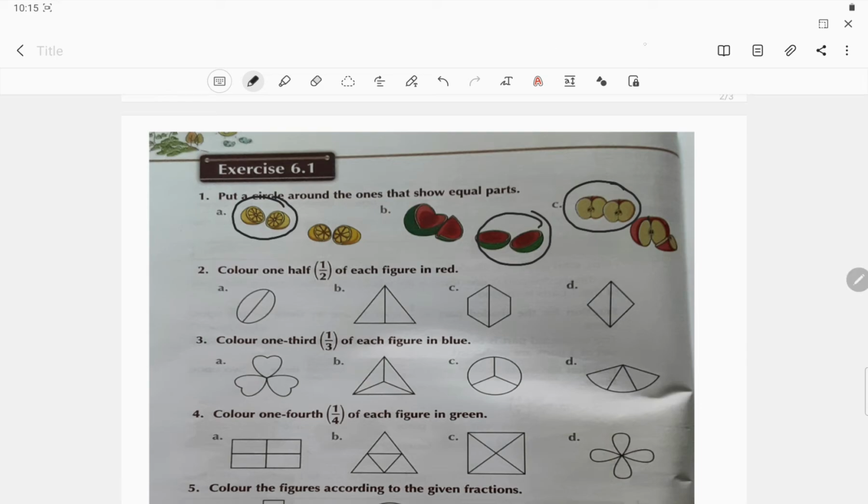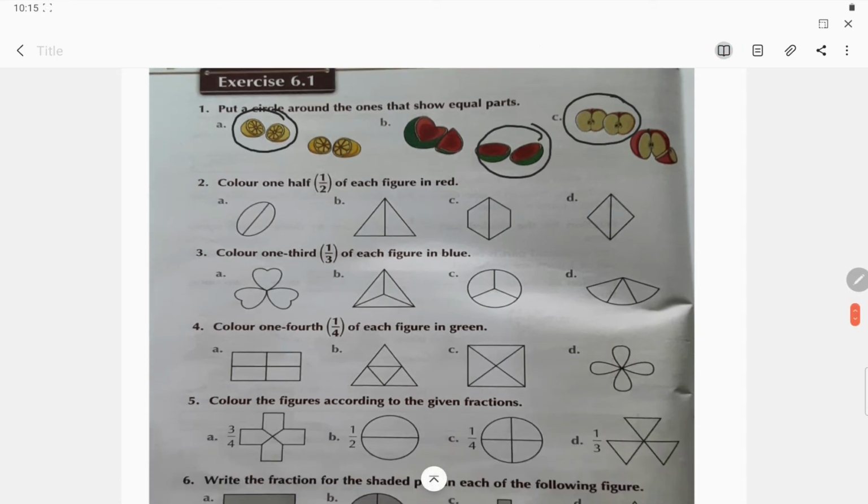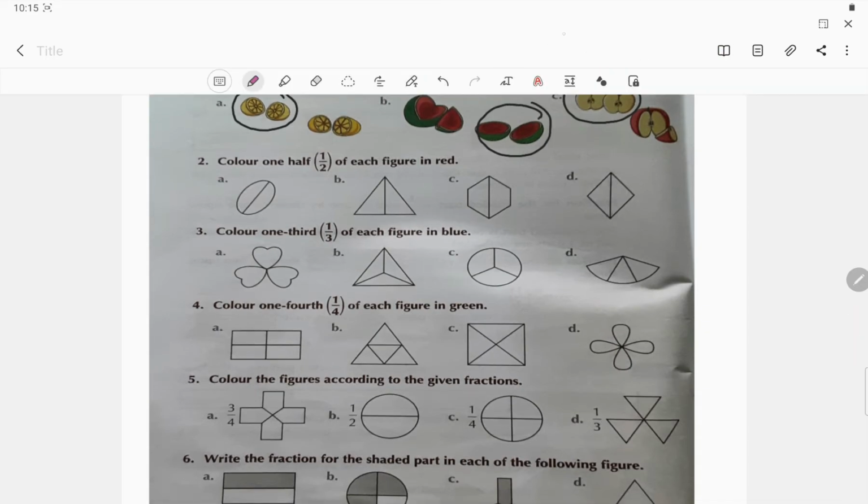Now I'm going to question number 2. Color one half of each figure in red. So one half, there are two equal parts. Out of two equal parts you have to color only one.